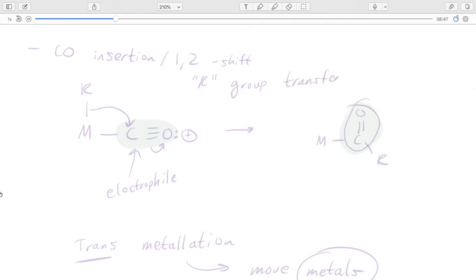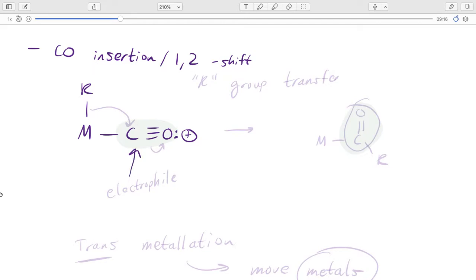Then the fifth one, which we have seen quite a bit of actually, is CO insertion. We've seen this mostly in the Monsanto process. This is simply we take a metal, we have an R group, and let's draw out the full structure.